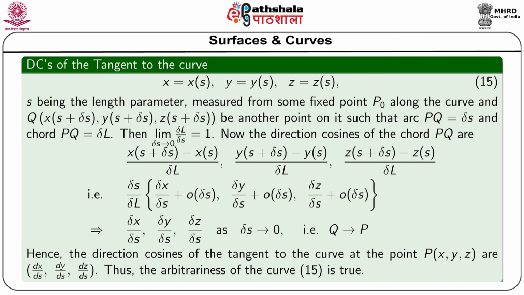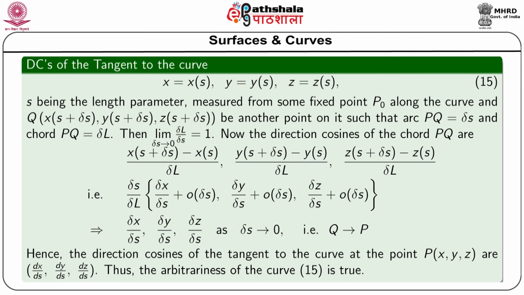And in this expression, if we expand x, y and z in Taylor series about s, that will give this expression. Now, if we divide by delta s and multiply with delta s, then there are terms of order delta s.